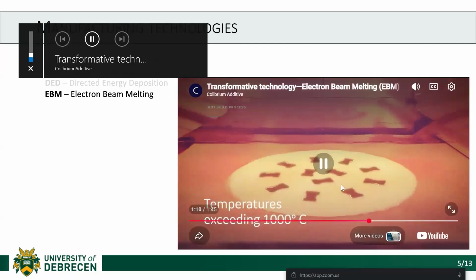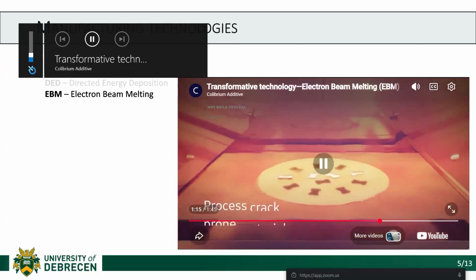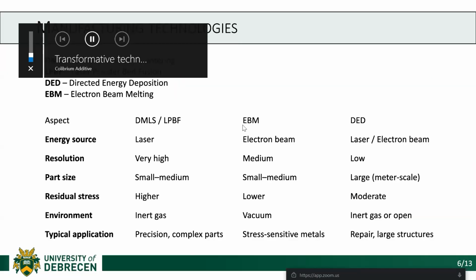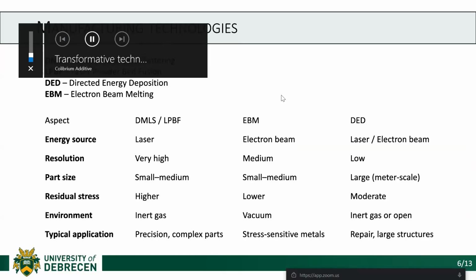So it is different from the powder bed fusion, because in the case of powder bed fusion, we use inert gas like argon or nitrogen to eliminate the oxidation during the production.